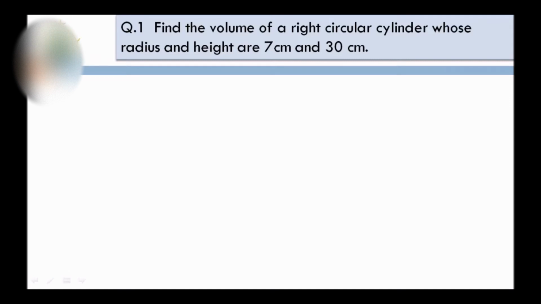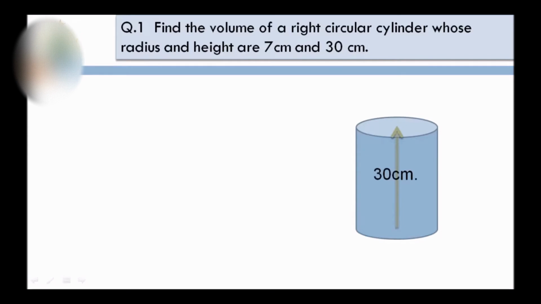Now we will solve some questions from the exercise. Question number 1. Find the volume of a right circular cylinder whose radius and height are 7 centimeter and 30 centimeters. Now let us suppose that this is cylinder. 30 centimeter is its height and radius is 7 centimeter.